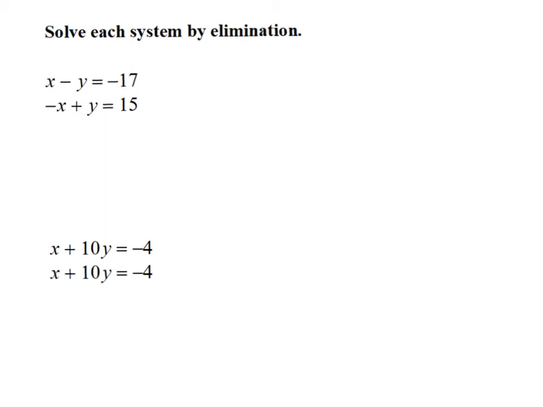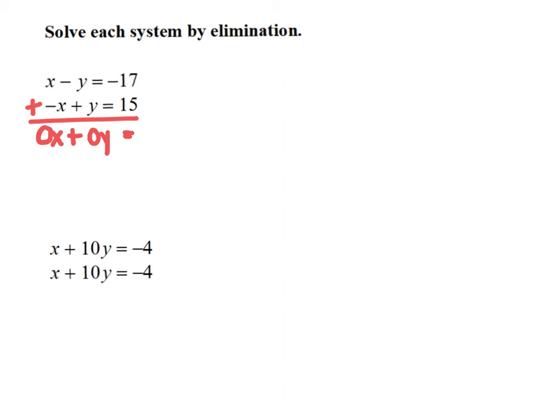So in this example, it asks us to solve each system by elimination. For the first problem, we can see that if I add straight down, the x's will cancel and the y's will cancel. So I can already just apply elimination by adding. And when I do this, negative x plus x becomes 0x. Negative y plus y becomes 0y.